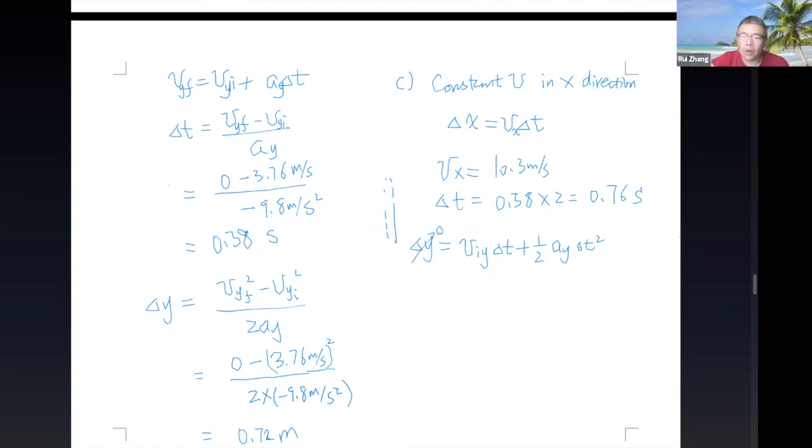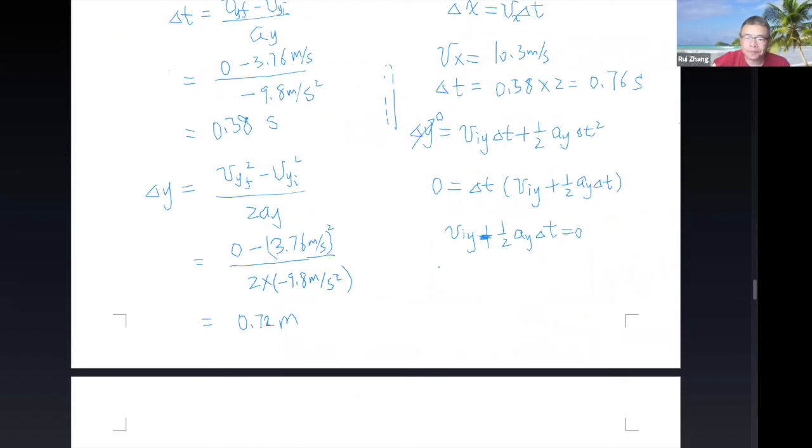If this is 0, you can factorize delta t. You have delta t times vi y plus 1/2 ay delta t equals 0. For this equation to be satisfied, either delta t is 0 or this whole thing is 0. So we're looking for this part here: vi y plus 1/2 ay delta t equals 0, and then we can solve for delta t. So delta t is minus 2 vi y divided by ay.